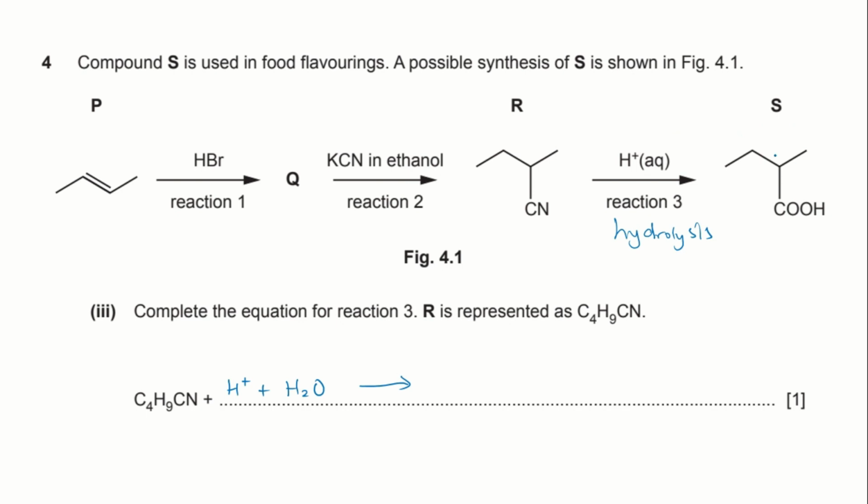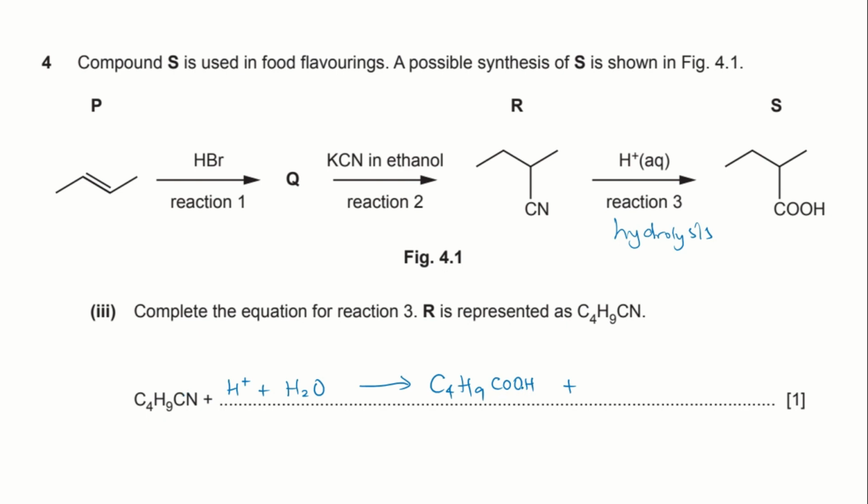S is formed. S has 1, 2, 3, 4, okay, 5 carbon. So that means from C4H9 here, no change. Then CN becomes COOH. Okay, so now let's look at what is the other product. So we have C4H9COOH.